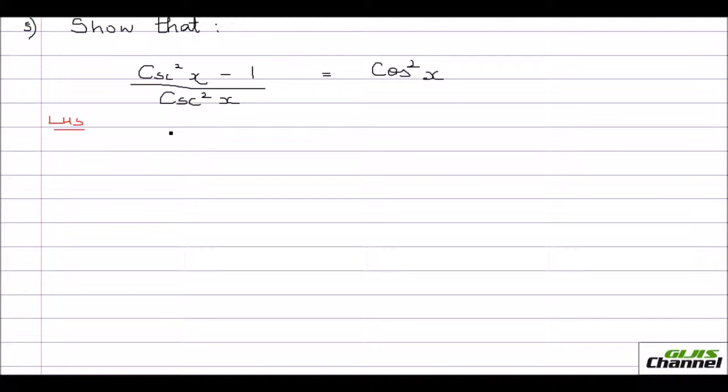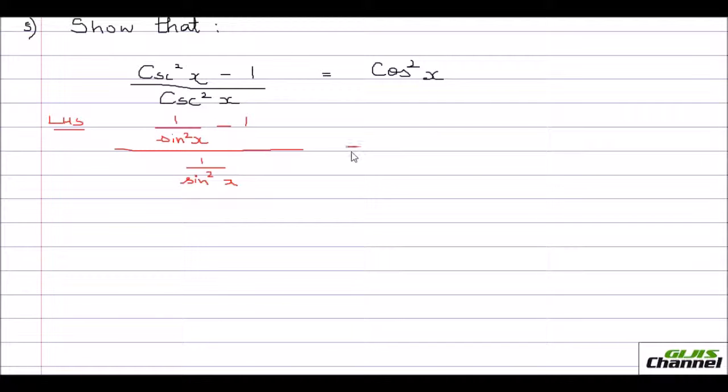So cosecant square x is 1 over sine square x, the reciprocal identity. Minus 1 whole thing divided by, again in the denominator, cosecant square x, so I take it as 1 over sine square x. Did you get that? I've just used the reciprocal identity.